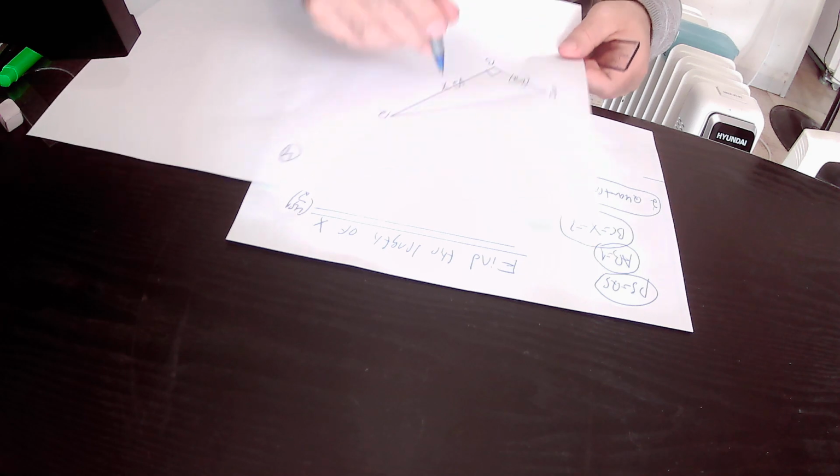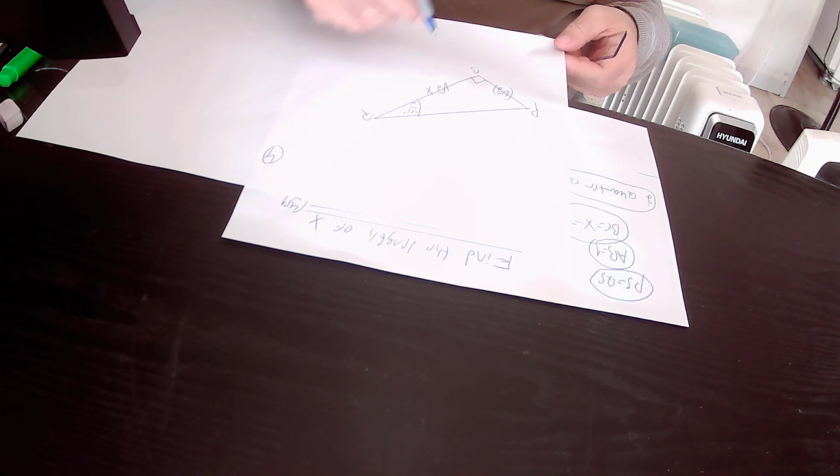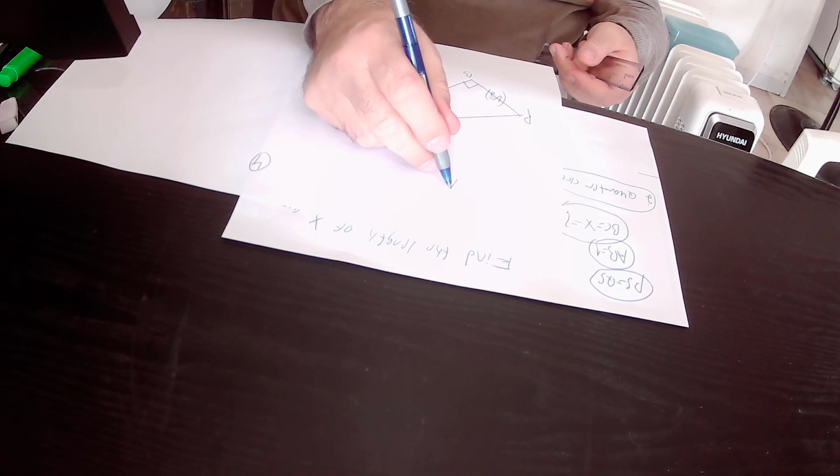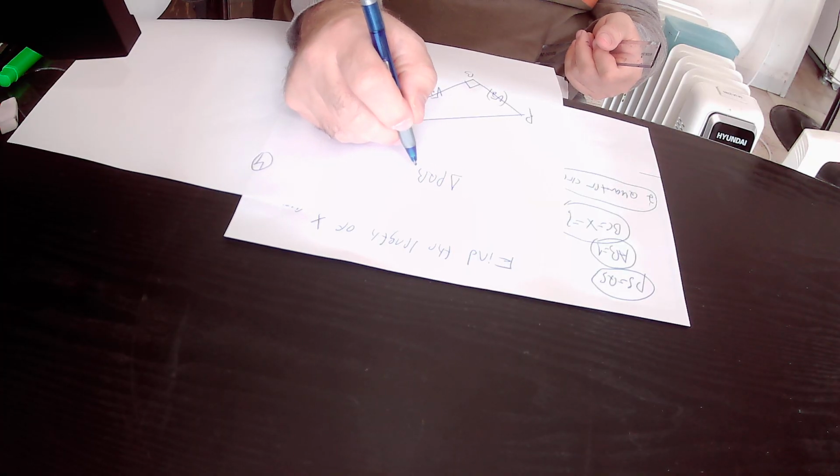So this angle equals 45 over 2 degrees. So this is the right triangle, triangle PQB, that I copied from the original drawing.